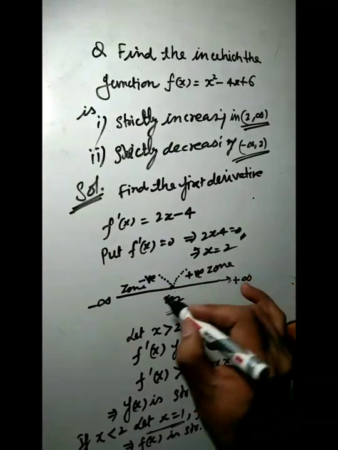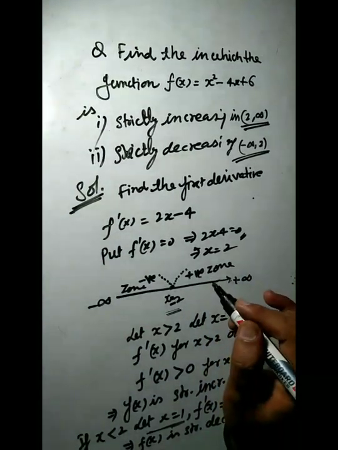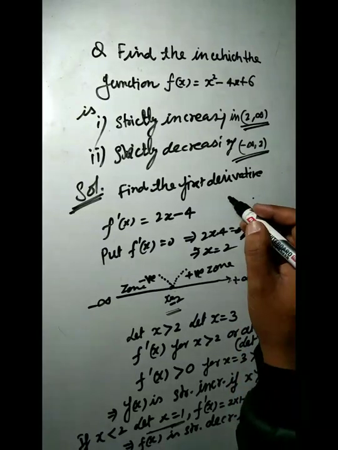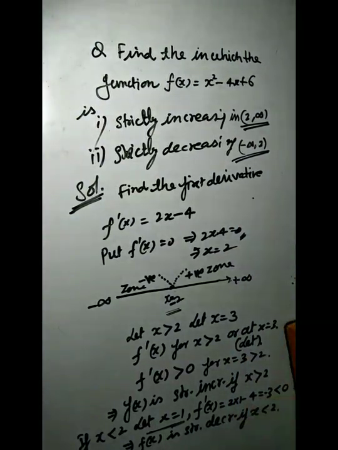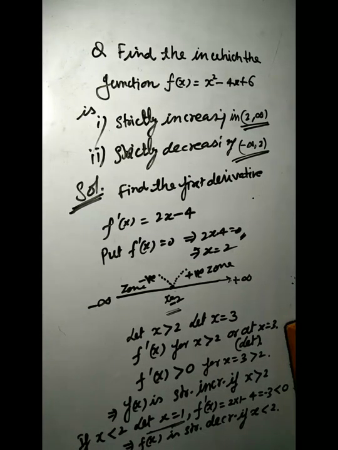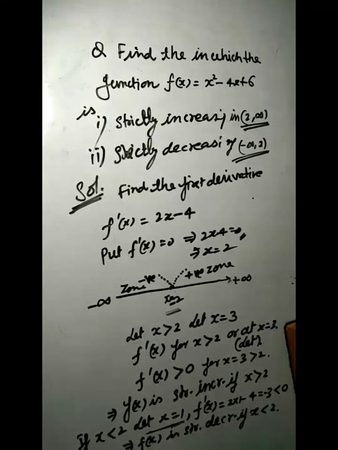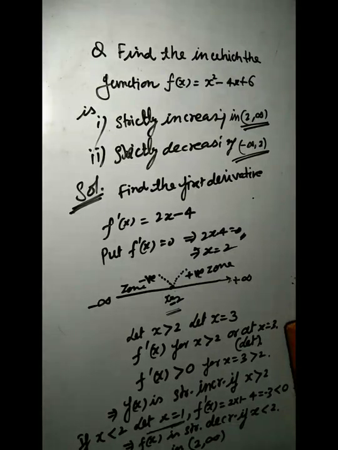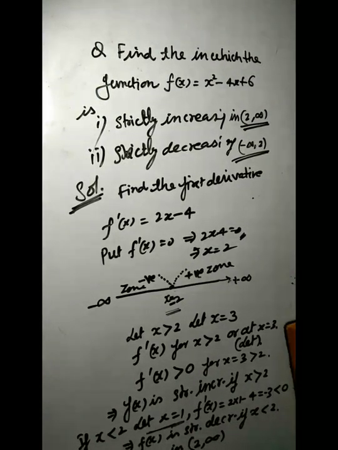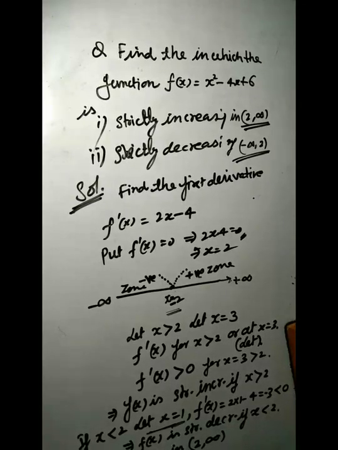And for this interval we can also write it in this way. Function f is strictly increasing in 2 to infinity open interval and strictly decreasing in this interval.